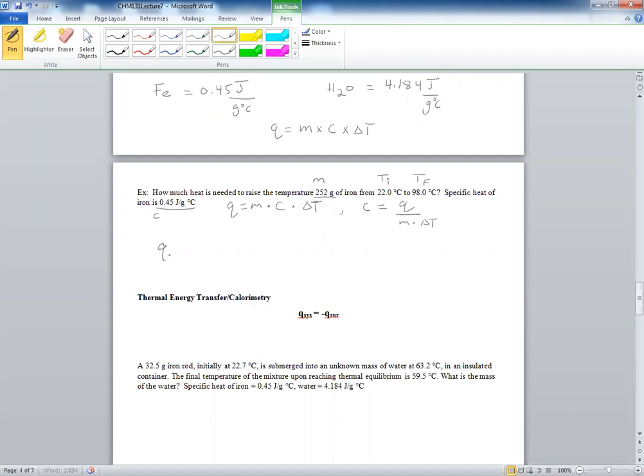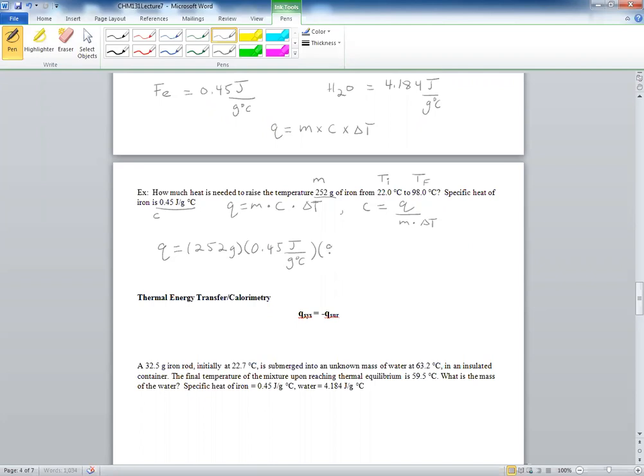So therefore, we have our equation right here. It's going to be Q equals M, which is 252, times the specific heat, 0.45, times the change in temperature. You can subtract if you would like before, or just plug it all in here.